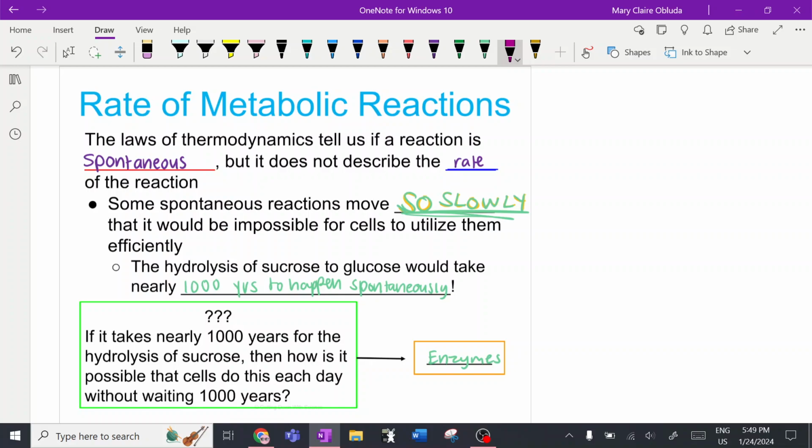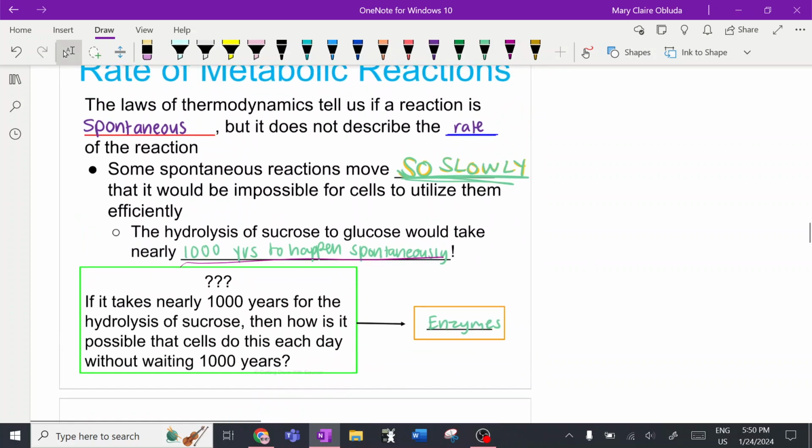We'll watch it and it'll happen, but it'll take 1 million years. So it would be impossible for our cells to take that full million years to do their work. Hydrolysis of sucrose and glucose, for example, would take nearly 1,000 years to happen by themselves. So how does our body use reactions that would take 1,000 years?